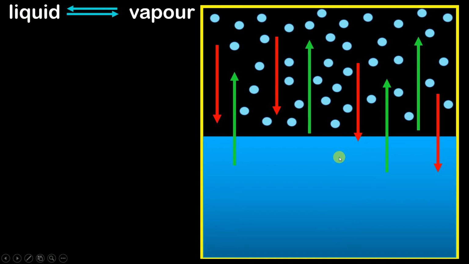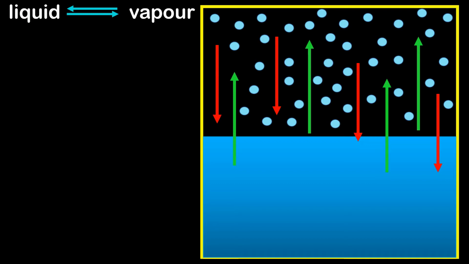Which means that at dynamic equilibrium, for example, if 10 moles of liquid get converted into vapor, then 10 moles of vapor will also get converted back into liquid. So this is what happens at a dynamic equilibrium.